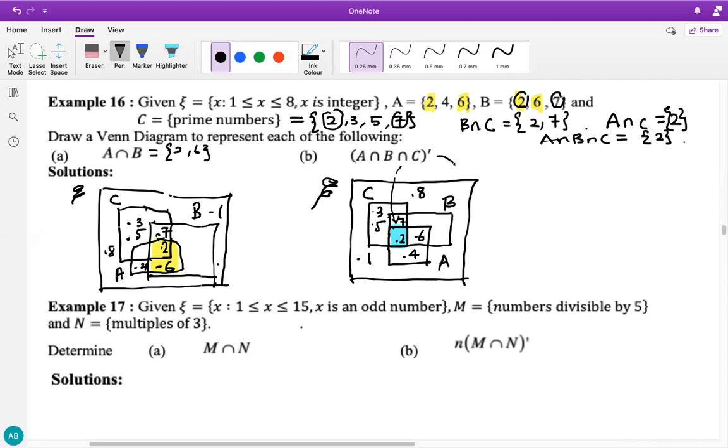Okay, so the area here will be yellowish, so everything excluding the blue color. Okay, so this is the area. Yellowish color will be the A intersect B intersect C.